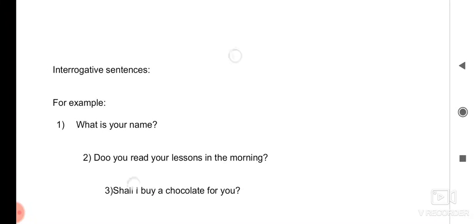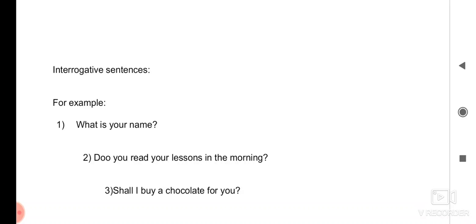The first example is, what is your name? Here, I am asking a question. That's why the sentence would be called an interrogative sentence. The second example is, do you read your lesson in the morning?